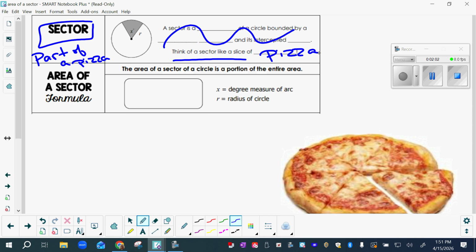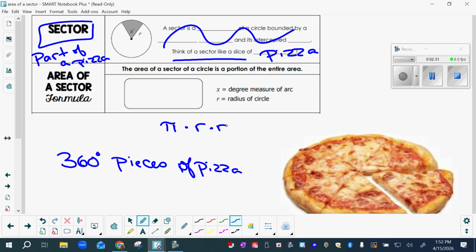So in geometry class, I want you to imagine a giant pizza that is split into 360 pieces of pizza, right? We've got a bunch of pizza. So what we're going to do today is just what we've been doing. We're going to take pi times r squared, if you like it, or r times r.